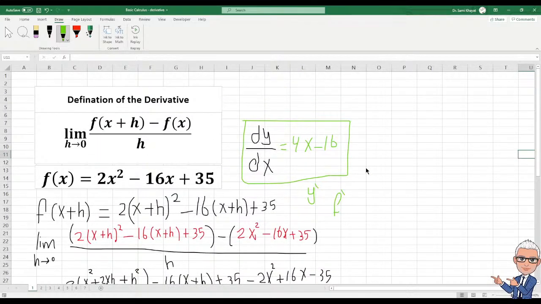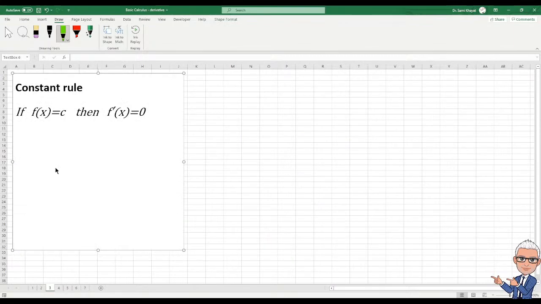But there are rules for shortcuts, and then we can find the derivatives faster than this. Now this is rule number 1.